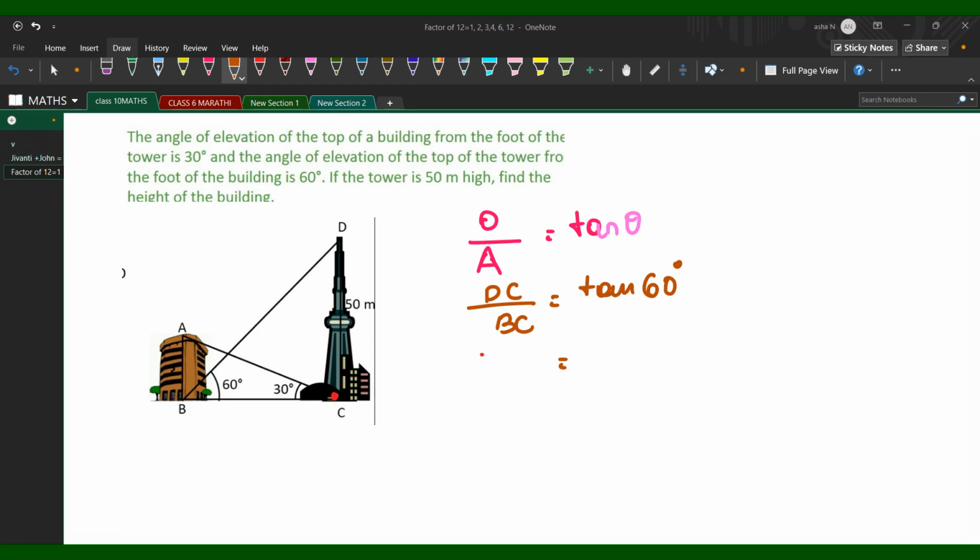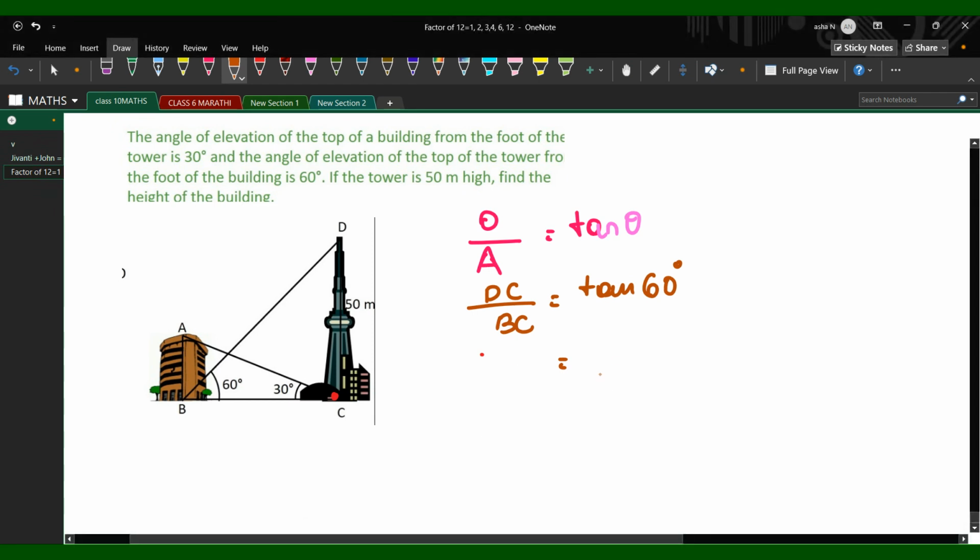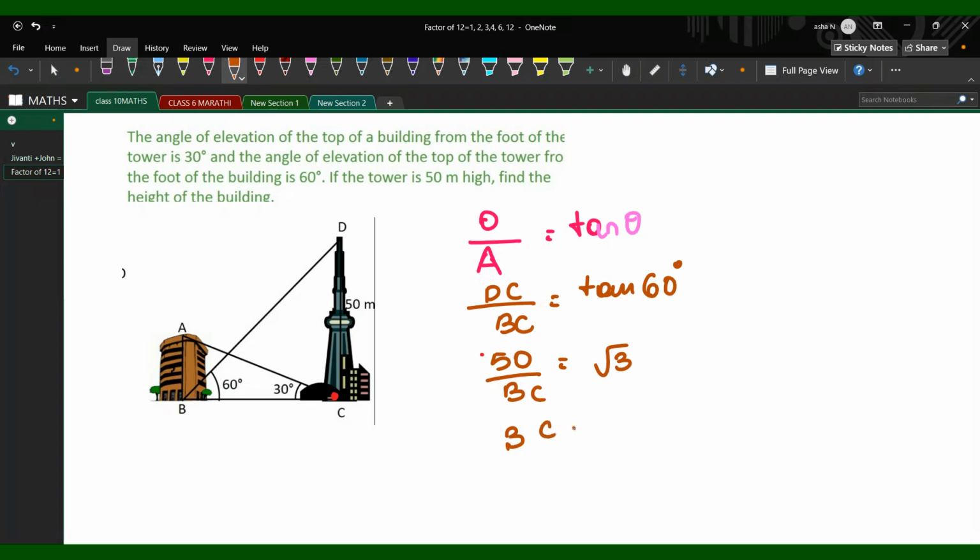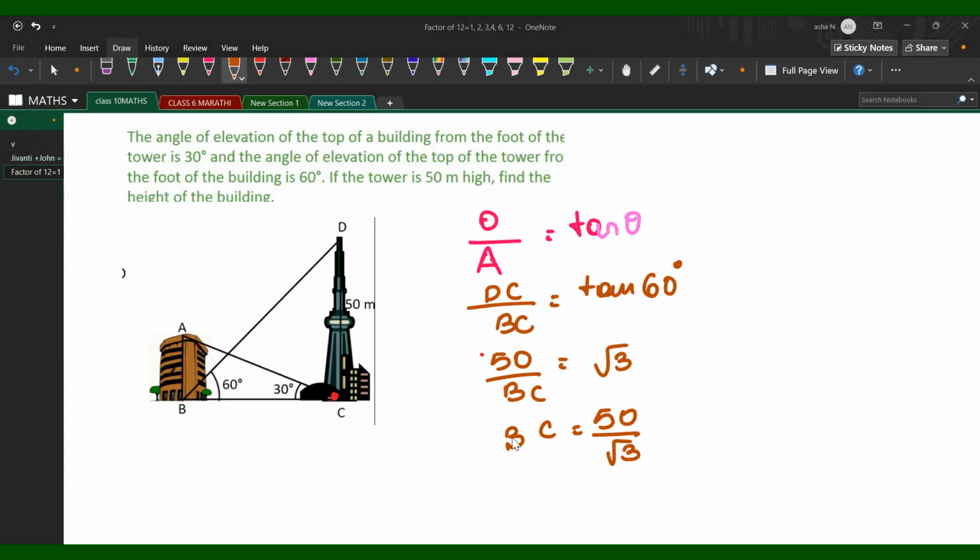Root 3, we will write root 3 here. DC we know it is 50, and BC we are not aware, that we are trying to find. So to find out the value of BC, we will do cross multiplication. So we will bring down the root 3 here down, which is BC is equal to 50 root 3. So that is what we can get here.